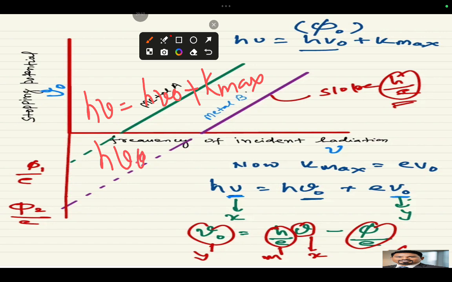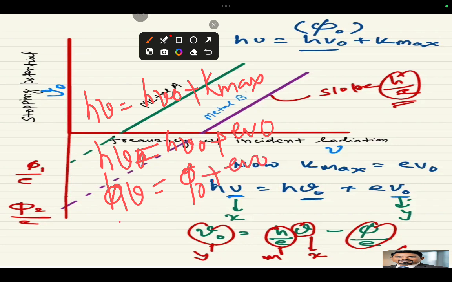So h nu equals h nu naught plus eV naught. So h nu naught is nothing but phi naught. h nu equals phi naught plus eV naught, then nu equals h by e into nu plus phi by e, and e by e out, so V naught, so you will get nu naught.